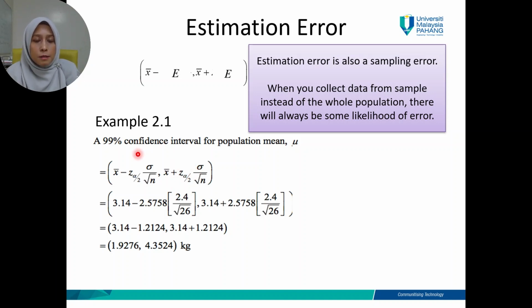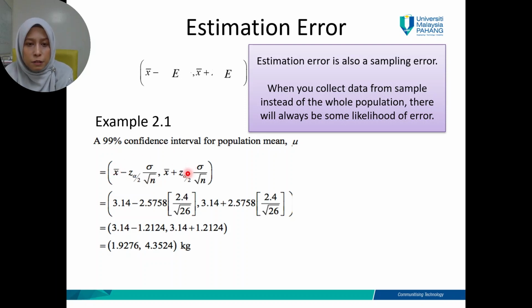Let's compare this formula to the general formula, x bar minus E, x bar minus z sigma over square root n. Can you see that the estimation error can be calculated? The estimation error formula is actually within the confidence interval formula presented in my previous video.